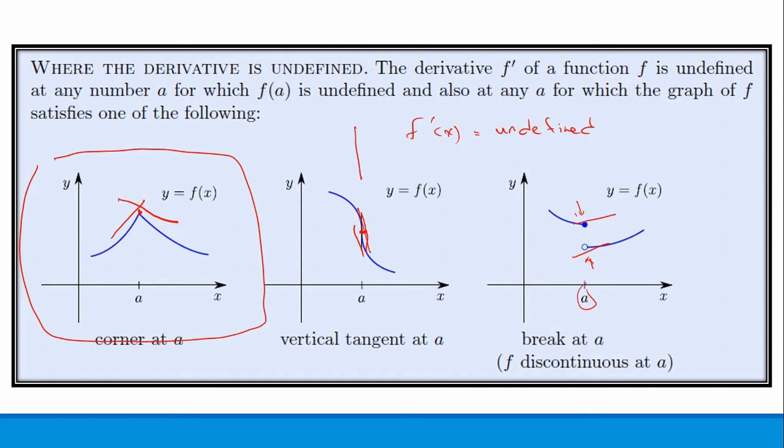At that point the first derivative will become undefined. So if you differentiate and it becomes undefined, it will be on one of these three conditions, when f prime x is undefined.